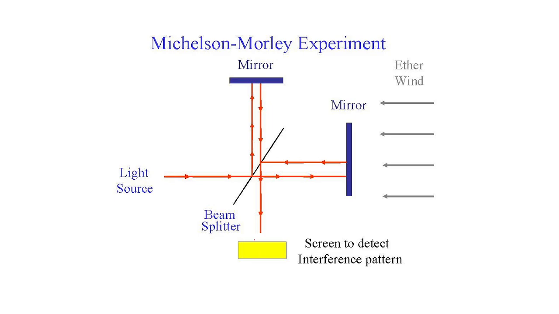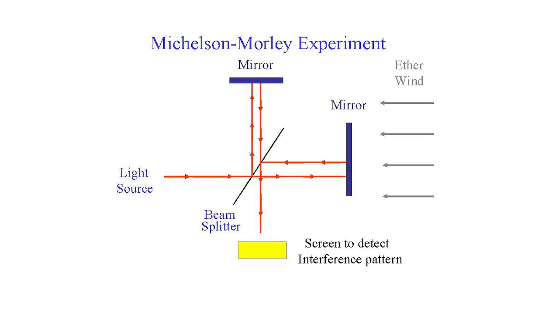It tells us that either both of the beams reach at the same time, or there is a time difference in these rays reaching the splitter. So that is the apparatus. Light is thrown from the source to the splitter.